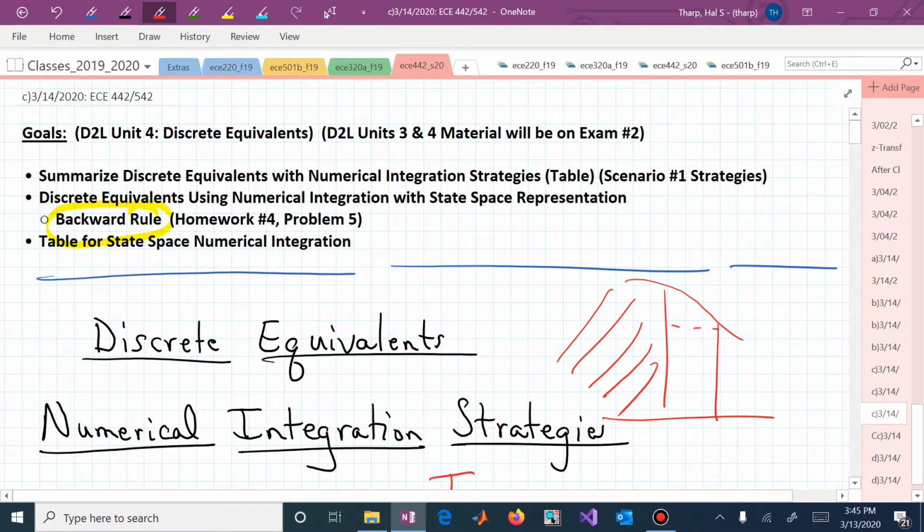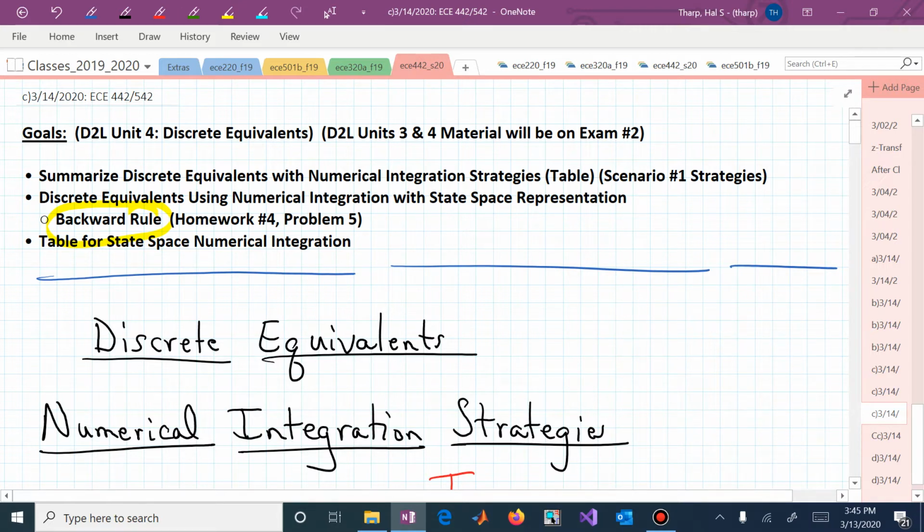Now we are saying let's look backward in time from the present time, and we want to use the backward integration strategy. In fact, this video is looking at solving problem number 5 in homework number 4.